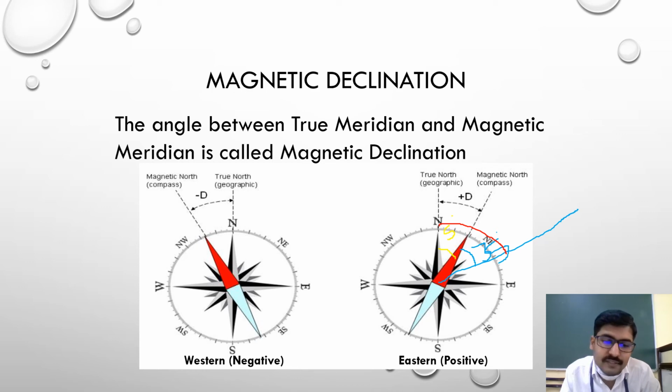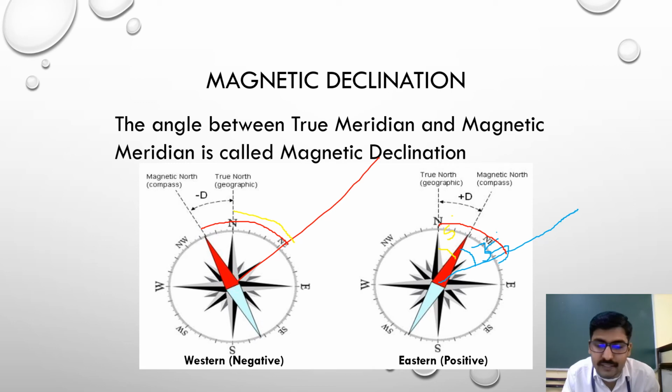Why it is called negative declination is the same way. If I want to get the true bearing, you are supposed to deduct the declination to get the true bearing of the line. If this is the line, the red colored angle is the magnetic bearing. The yellow colored angle is the true bearing.